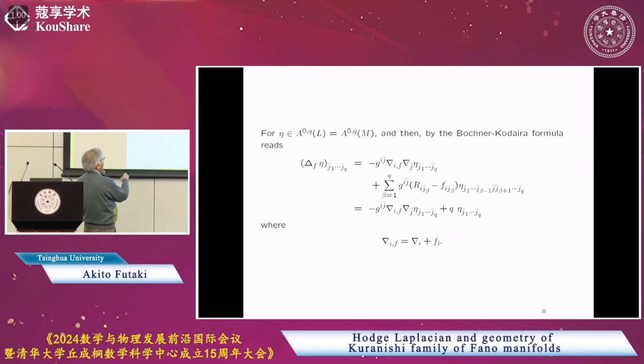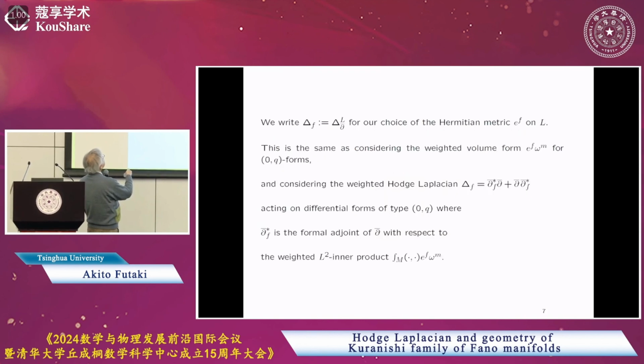So I go back and apply the formula in Morrow-Kodaira with the Hermitian metric for this trivial line bundle.